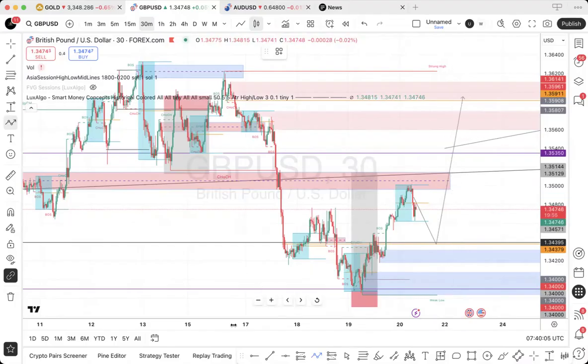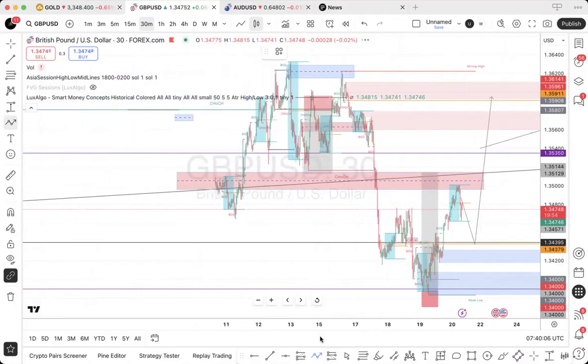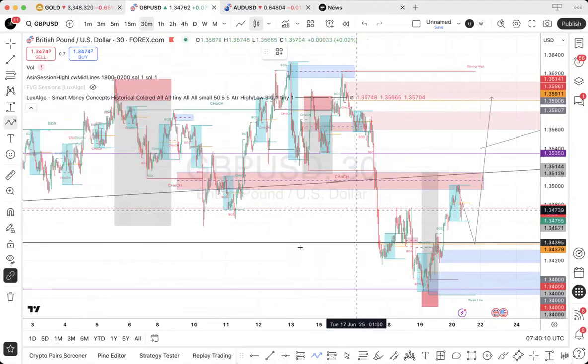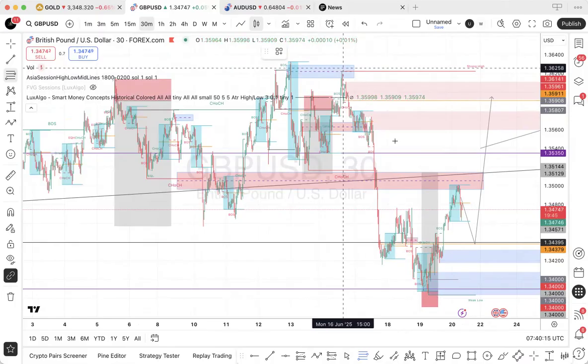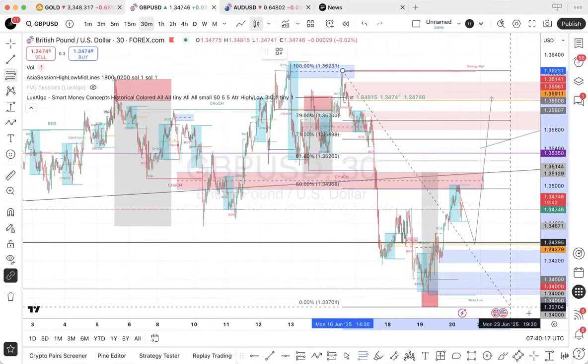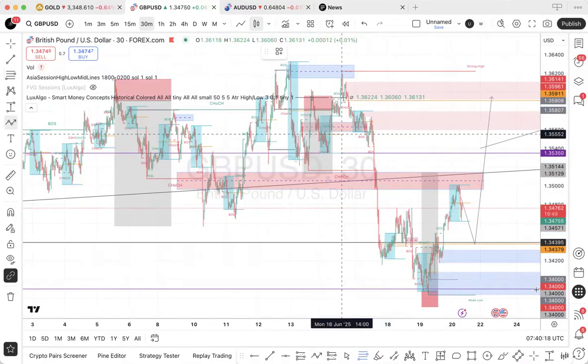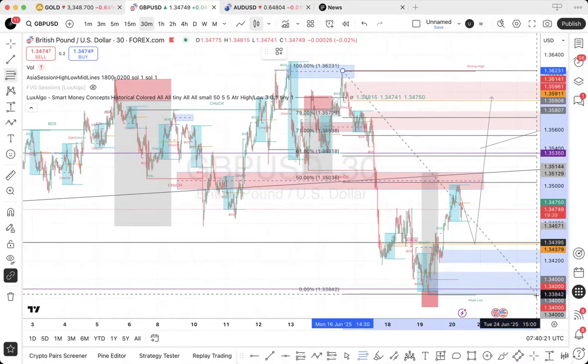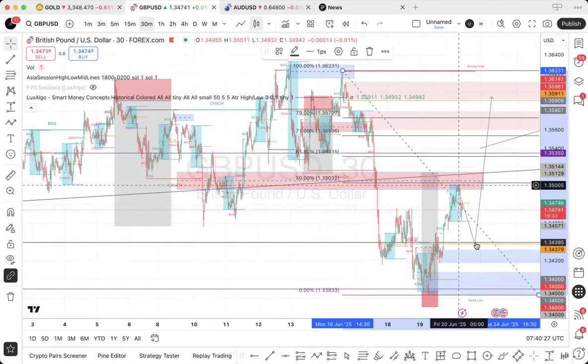Now, if you had to apply our fib retracement to this, let's apply our fib retracement. You can see it's at our 50 level retracement and the market is looking to push back, right?